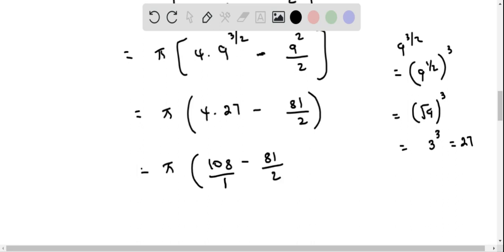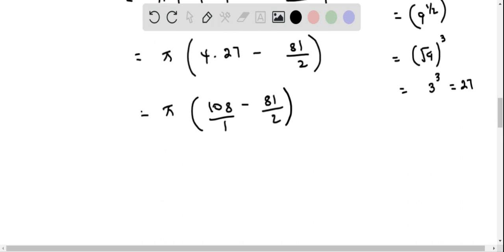You can write 108 as 108 by 1, and we can reduce this fraction by multiplying 108 by 2, which gives 216 by 2 minus 81 by 2. And so therefore this equals 216 minus 81, which equals 135.